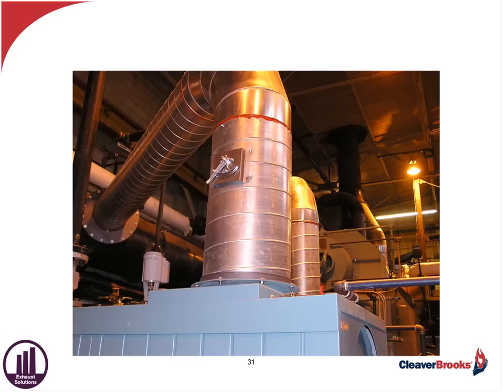Now we get into some of these draft conditions that vary. In this particular case, what I have is a high stack, and that's all. I'm not concerning myself with anything other than a stack draft that might vary based on the season. In the wintertime, I may have more draft than I do in the summertime.